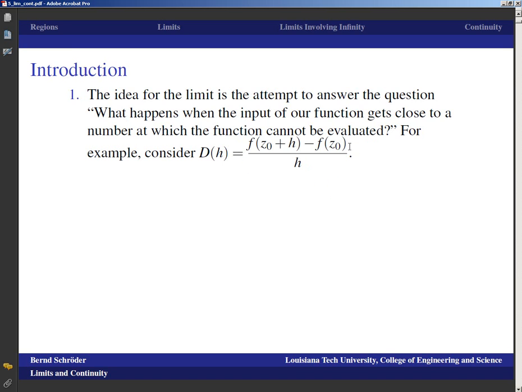The idea for the derivative is that we want to know what happens with these difference quotients as h gets small. Historically speaking, the people who invented calculus, Leibniz and Newton, basically wanted to know what happens with these difference quotients as h is equal to 0.